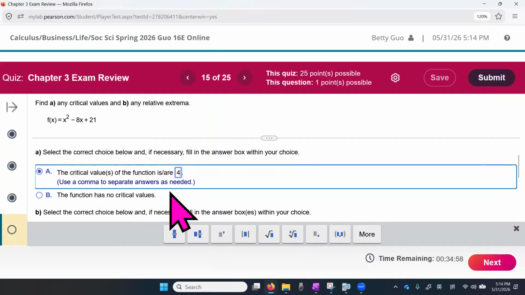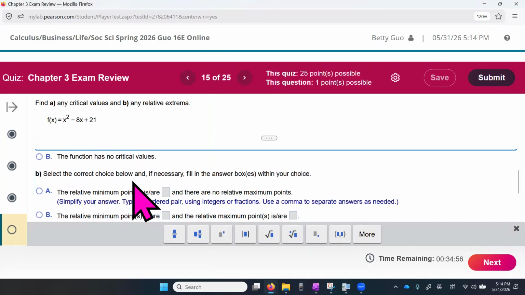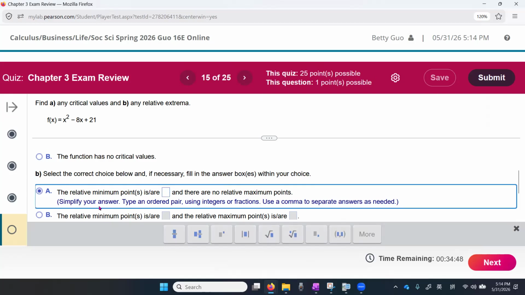And the relative minimum, no maximum, so choose this one. The relative minimum point, we need to use a comma to separate answers, type an ordered pair. It's very important to read this information.